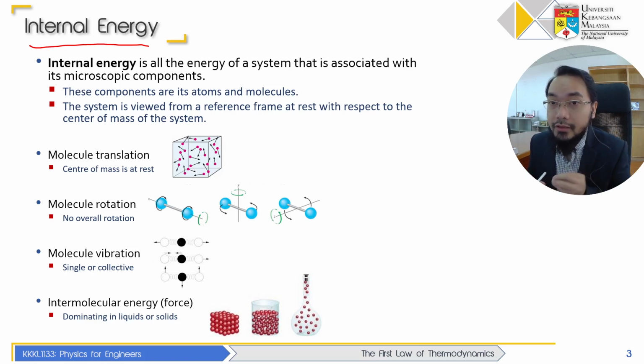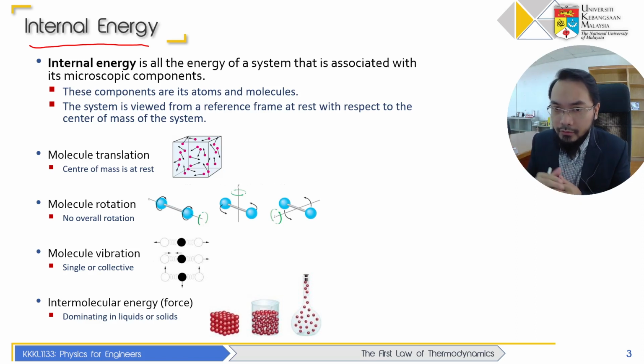So meaning to say, when you have thermal energy, thermal energy is made up of the internal energy of a substance. And internal energy looks at the microscopic components of the energy of each individual atoms and molecules. The system is viewed from a reference frame at rest with respect to the center of mass of the system.